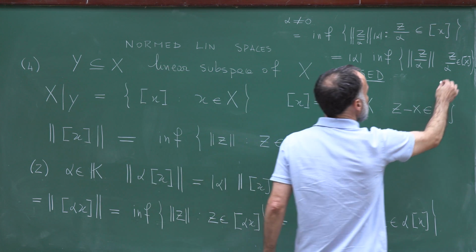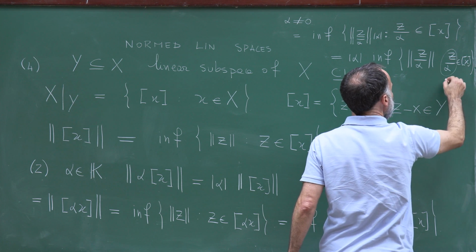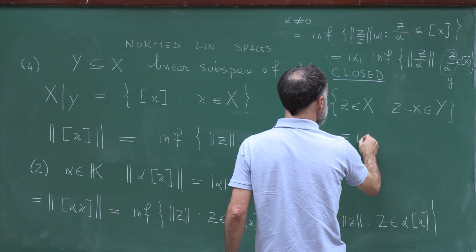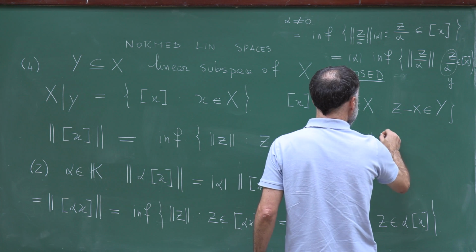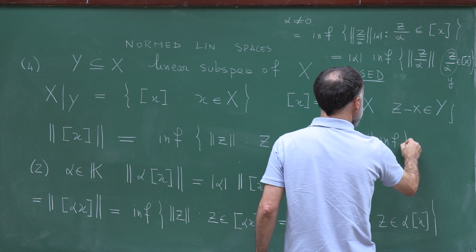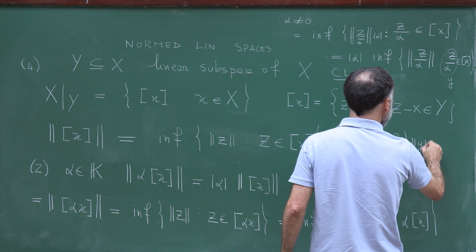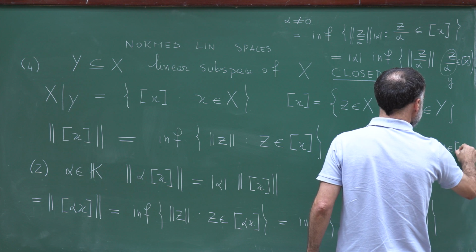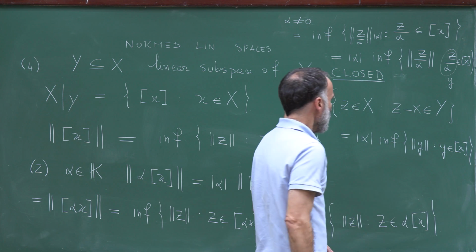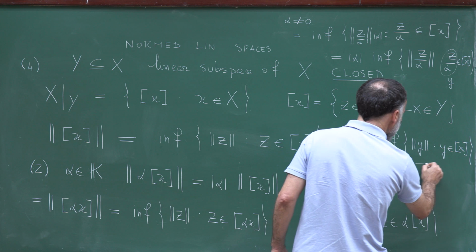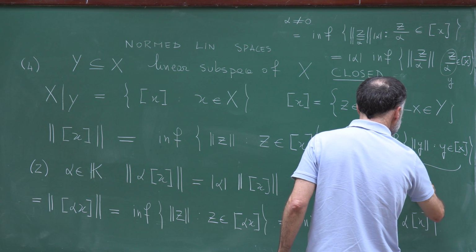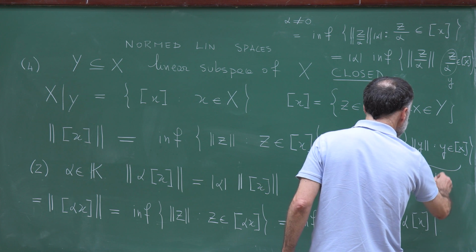And I can replace z divided by alpha by y, and this becomes the absolute value of alpha times the infimum of the norm of y for y in x. Well, but this is exactly the definition of the norm of the equivalence class of x.